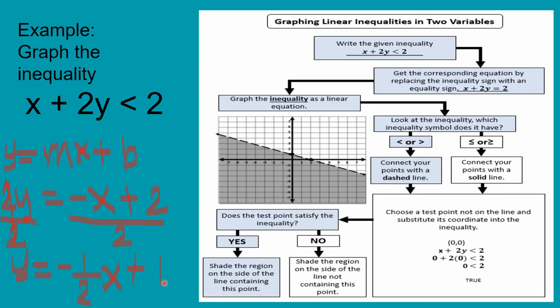So, eto na po yung ating y-intercept na positive 1, eto na siya. So, this is positive 1. Na-plot na natin siya. Then, we will plot our rise over run since negative yung ating numerator or yung ating rise. So, mag-move tayo pababa ng isa, and then, laging ang run natin ay going to the right. So, this is positive 2.